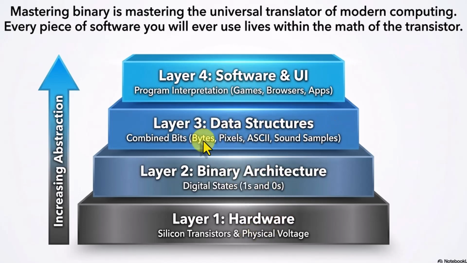Then data structures, bytes, pixels, ASCII, sound samples that we will study in this class. We are combining those bits to give them some meaning. And in layer 4, software and UI, that is the interpretation level, which is games, browsers, and apps. So as you go higher, you will have a higher level of abstraction.